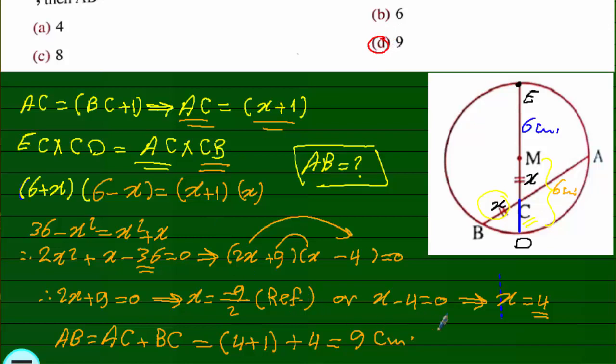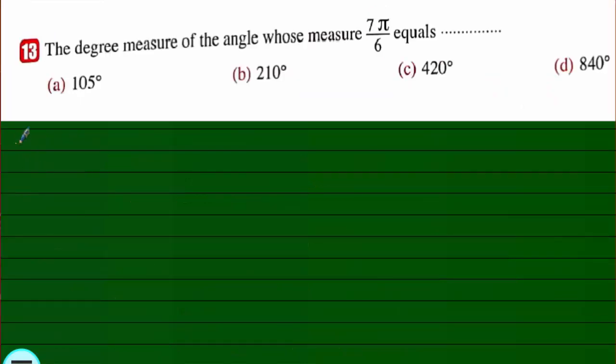Okay. Next question. Question number 13. The degree measure of the angle whose measure is 7 pi over 6 equals 105, 210, 420, 400, or 840. Here we have a relation between the degree measure and the radian measure.